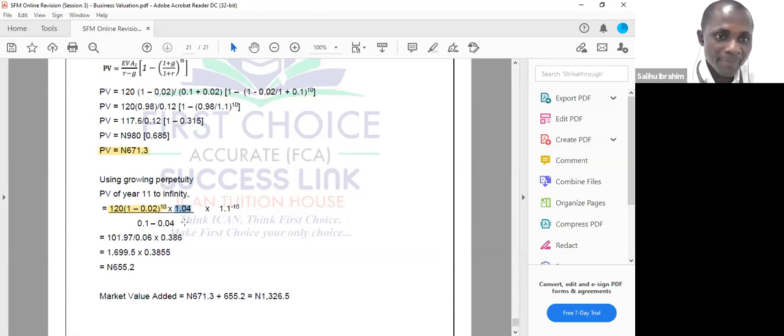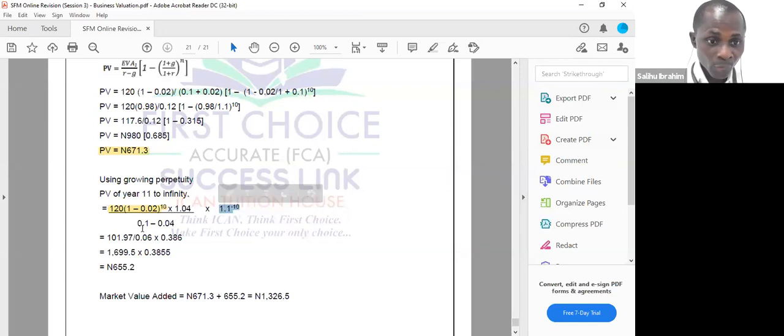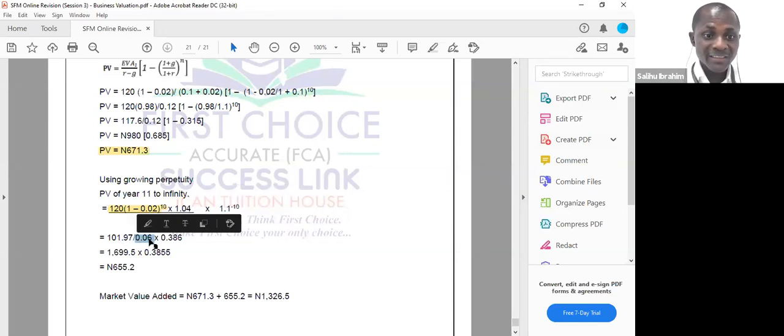Then what about the cost of capital? It's 0.1 minus 0.04. So multiply by the discount factor of the base year. Don't forget, we have explained this one before. So we have 101.97 all over 0.06 times 0.386.